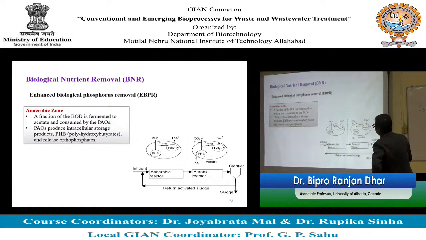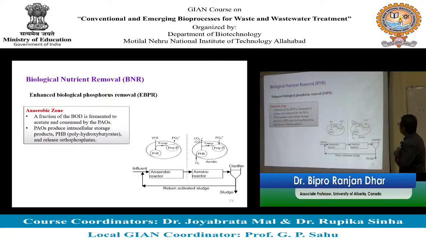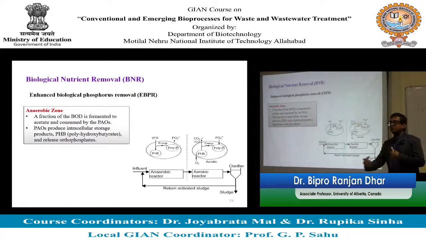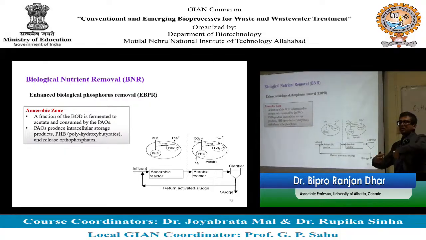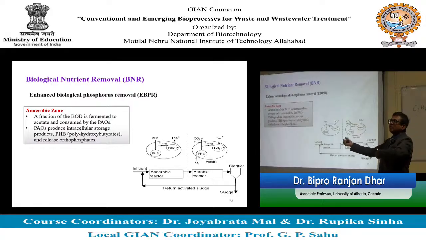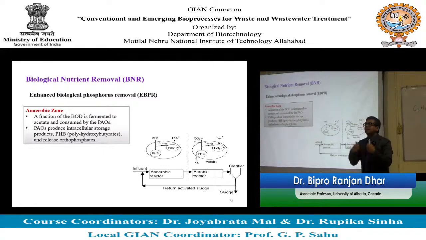Those microbes then consume the volatile fatty acids and produce a compound called PHB, polyhydroxybutyrate. When they take the VFA and produce PHB, they release orthophosphate into the liquid. That process generates energy.